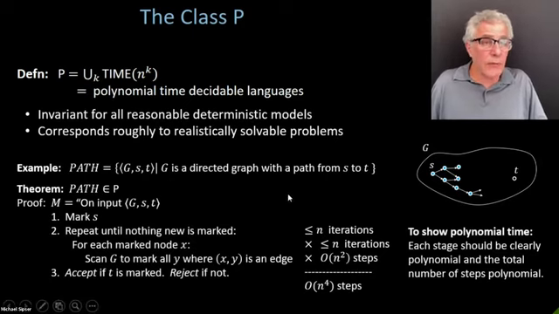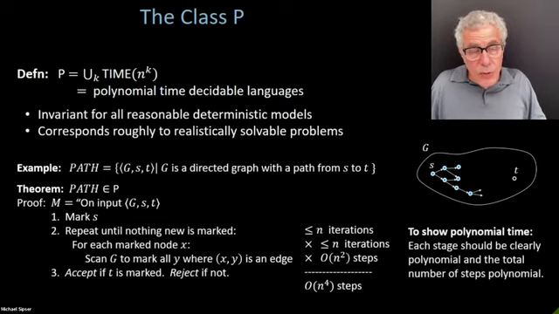But you can cause problems if you intentionally try to come up with nasty encodings, which represent things with unnecessarily many characters. If you try to be reasonable, you can use any one of those encodings and you'll be fine. So N is the length of the representation of the input.